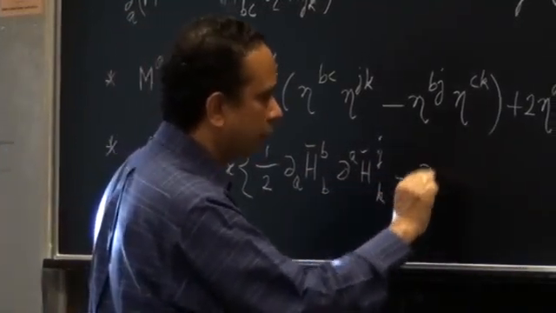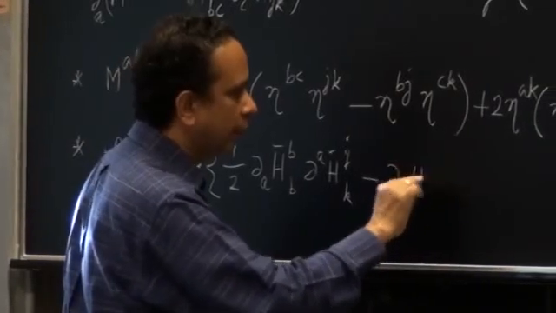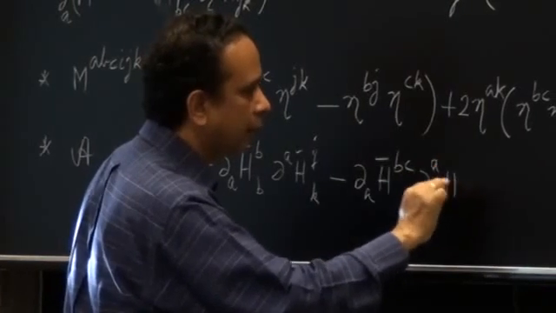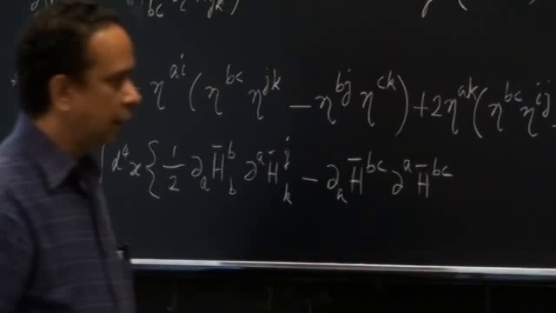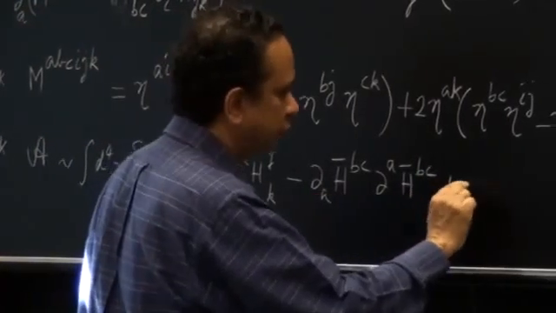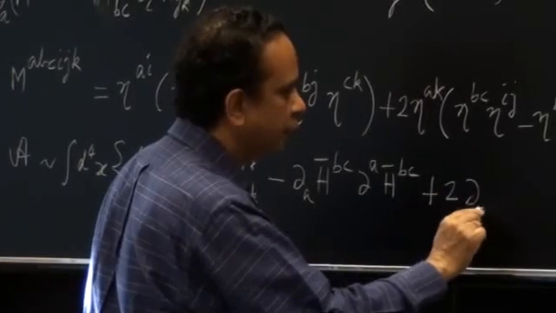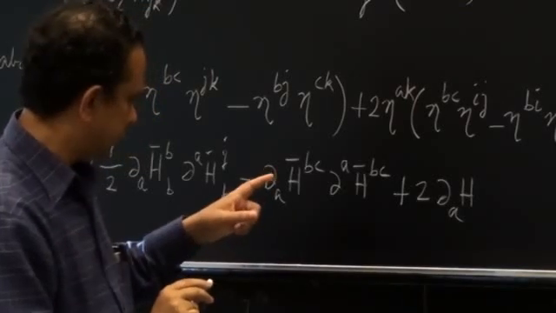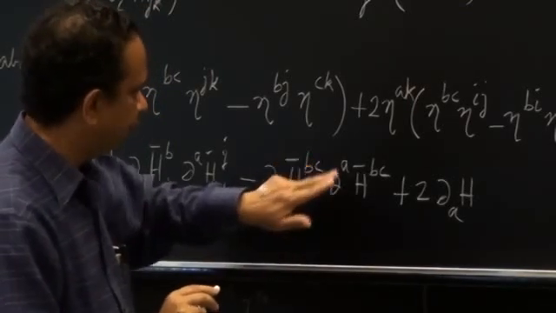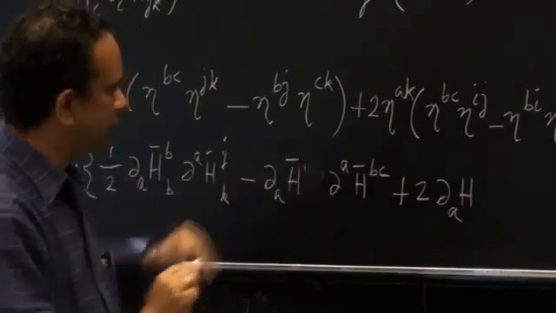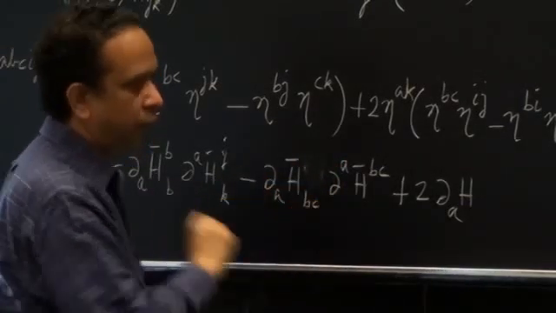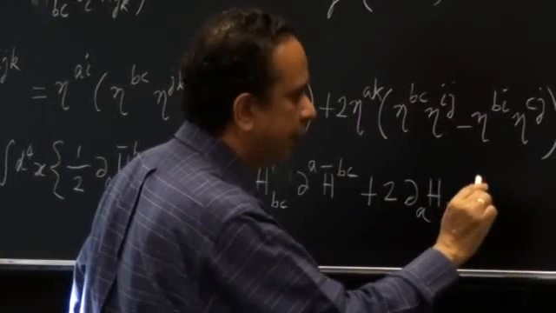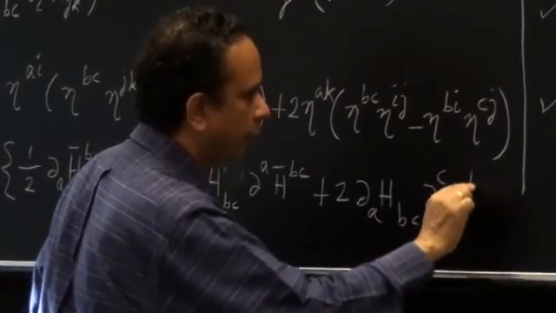Then minus dA of h bar BC with a bar and dA of h bar BC with a bar, plus 2 times dA of h bar, this should be a contraction, so this should be dA of h bar BC, dC of h bar B.